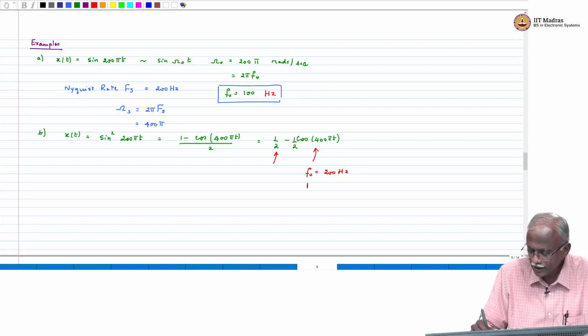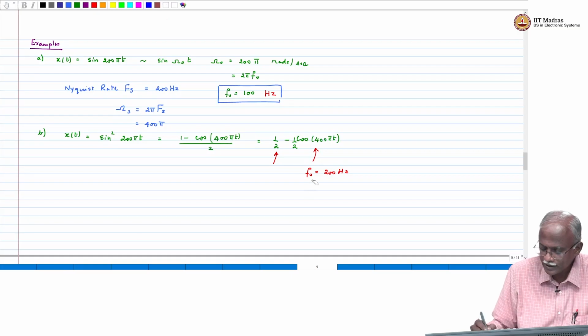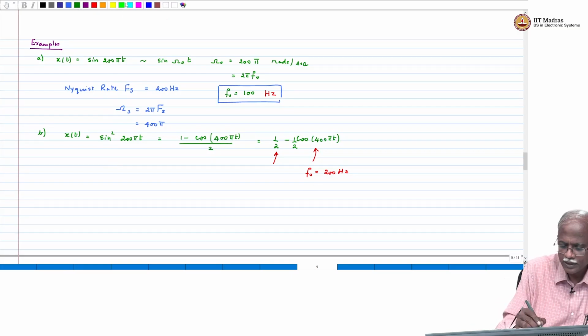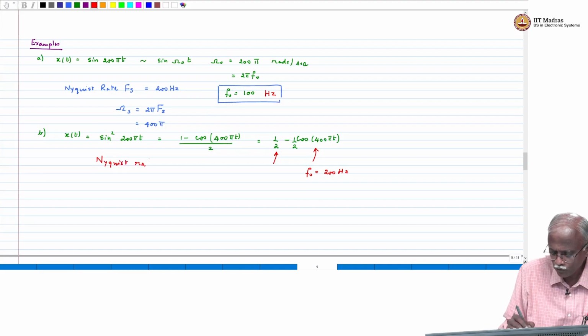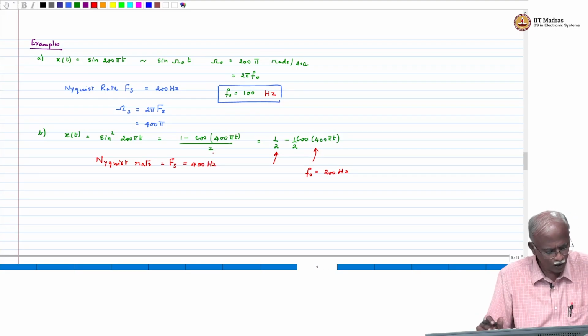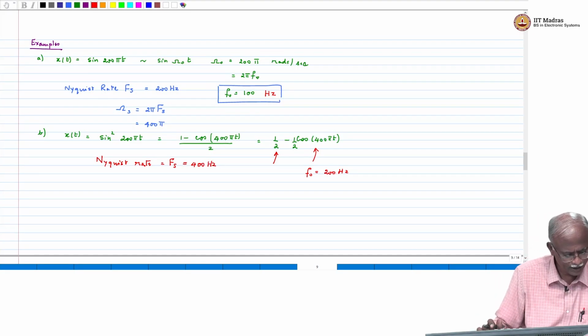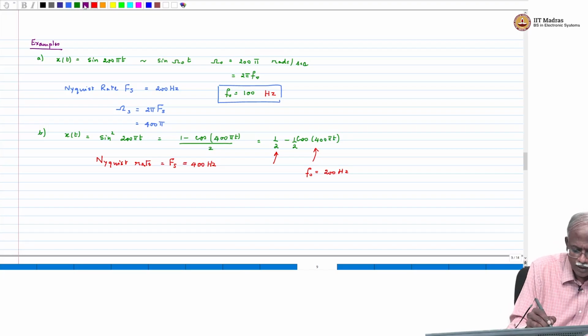So then we say that the Nyquist rate Fs will be equal to 400 hertz. Always double of the highest frequency. Now, simple trigonometry which I am sure you are quite familiar with.